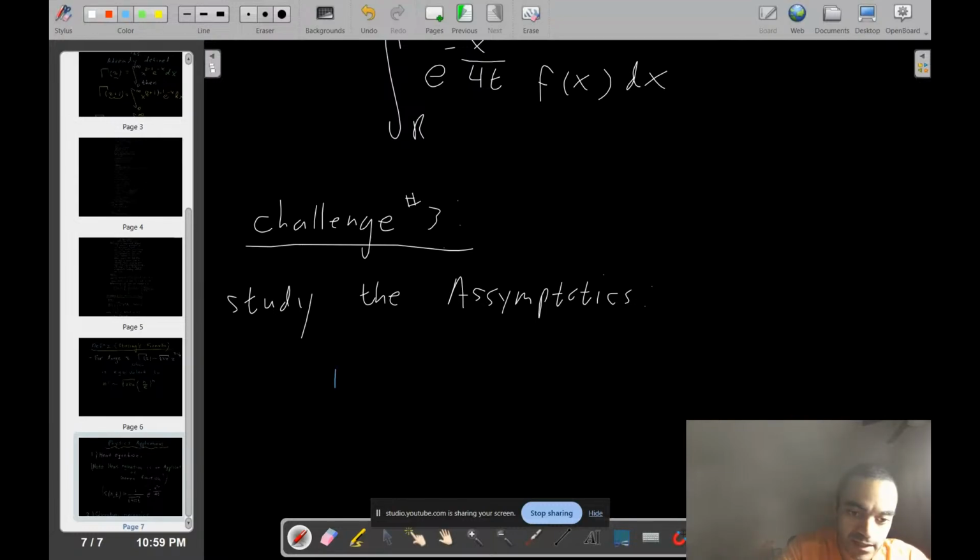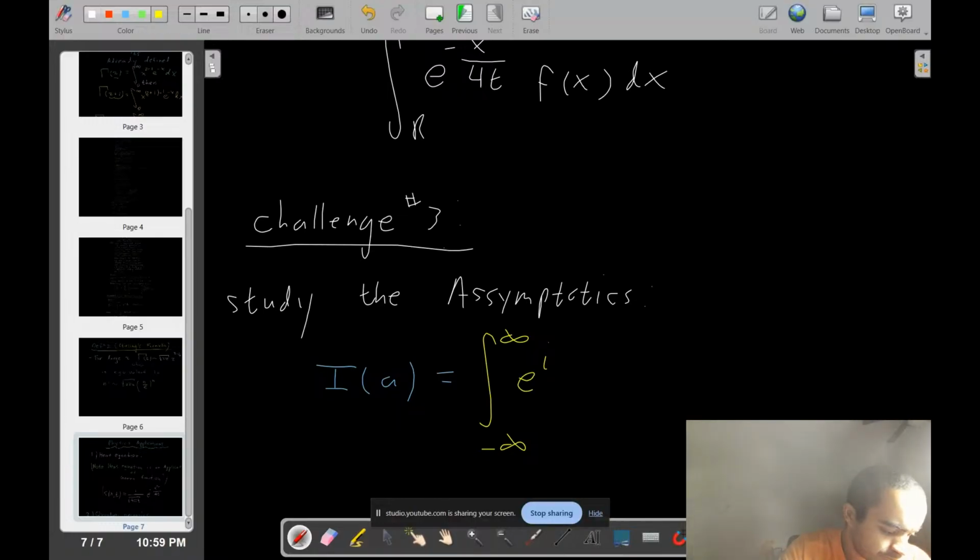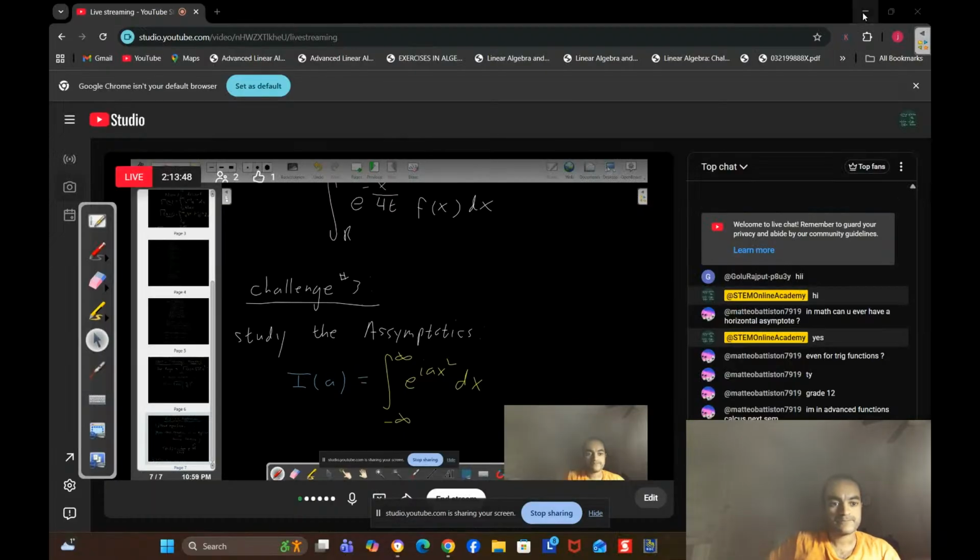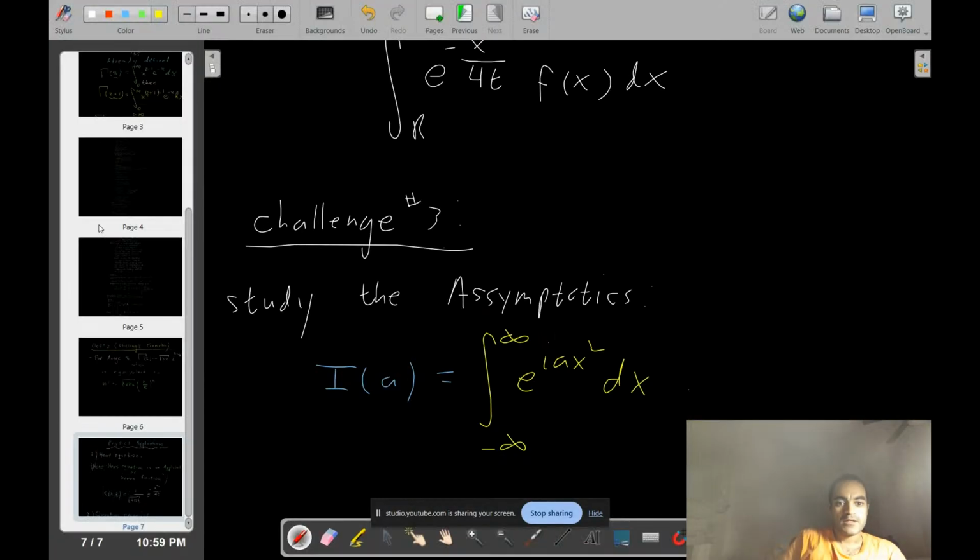So this is I as a function of a is equal to the integral from minus infinity to infinity, right? Lower and upper limits of integration, e to the i a x squared dx. Okay. All right. So those are the challenges that you should do.